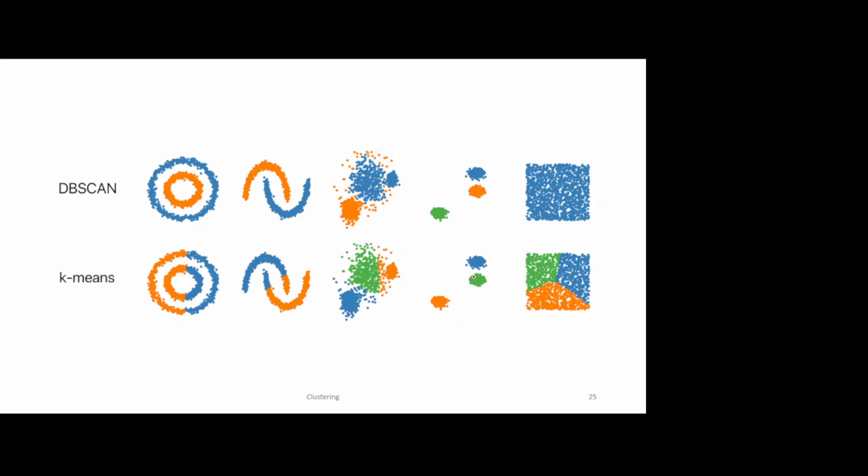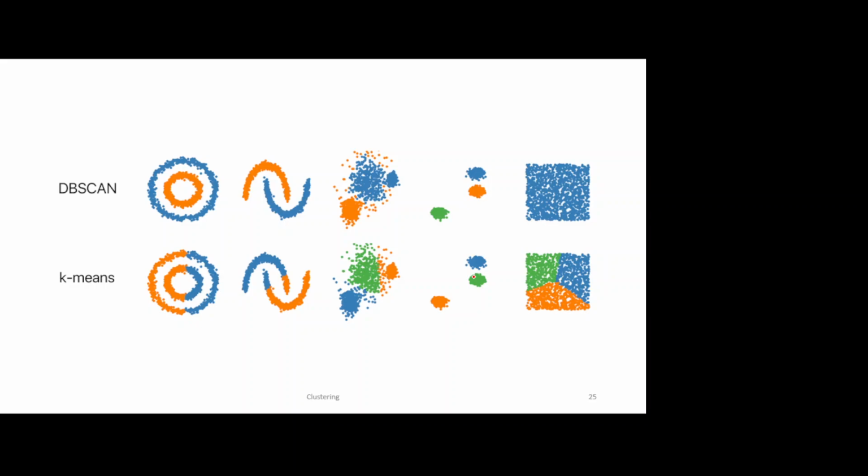In DBSCAN, it only generates 2 clusters, and the blue cluster is a little bit weird. And here, you see DBSCAN can generate 3 clusters automatically. You don't need to specify how many clusters. In K-means, you have to try different values of k, and then you find that when k is 3, you get a very good result.